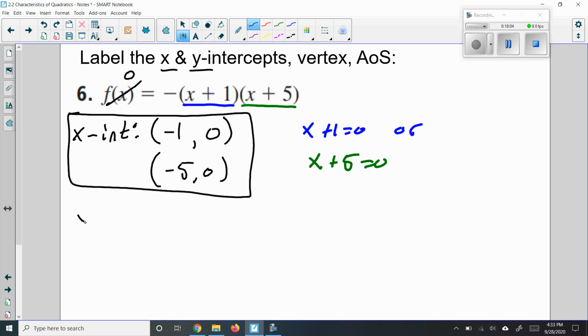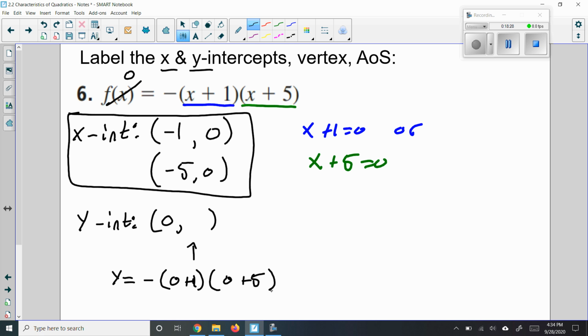To find the y-intercept, we've done that already. That's the point when x is 0. So if x is 0, what is y? Well, it's negative 0 plus 1 times 0 plus 5.